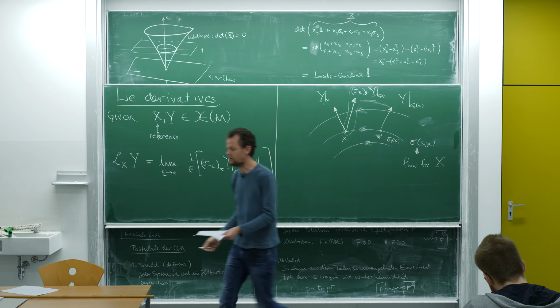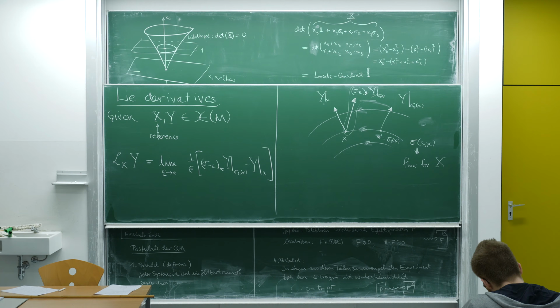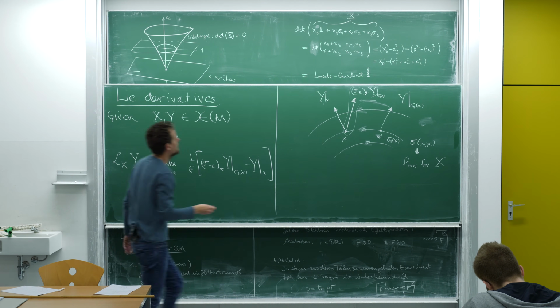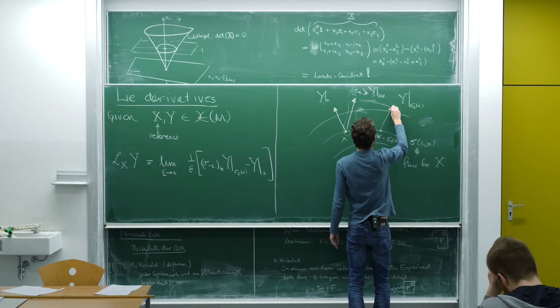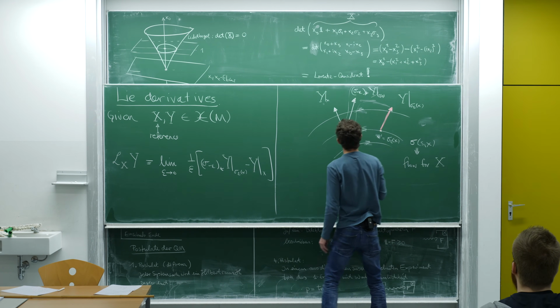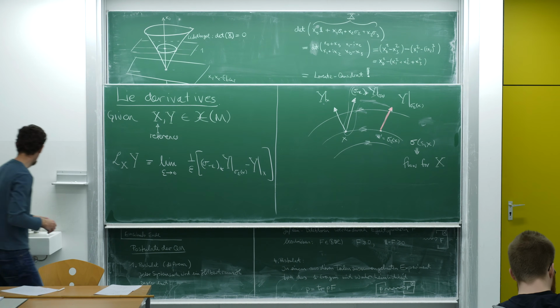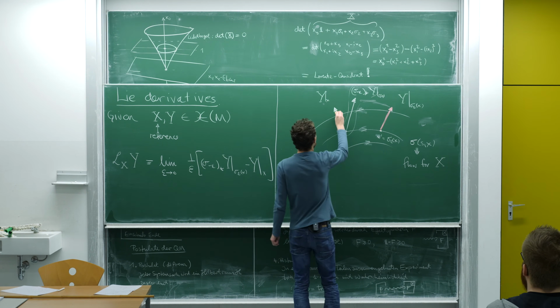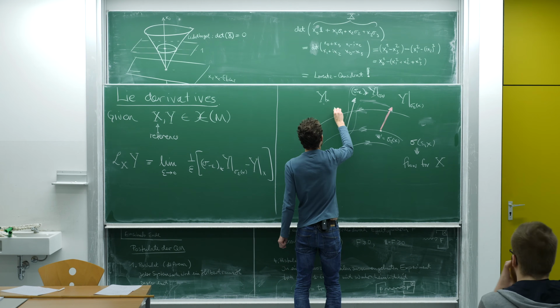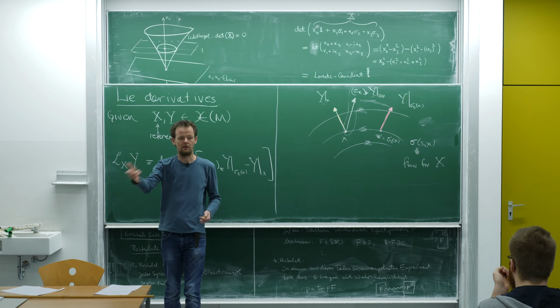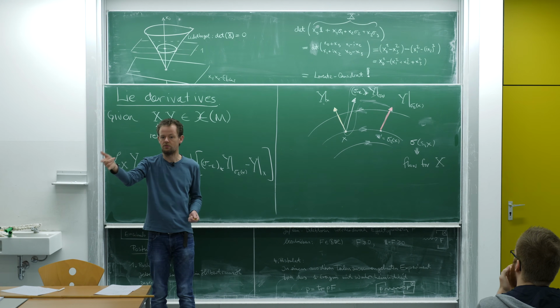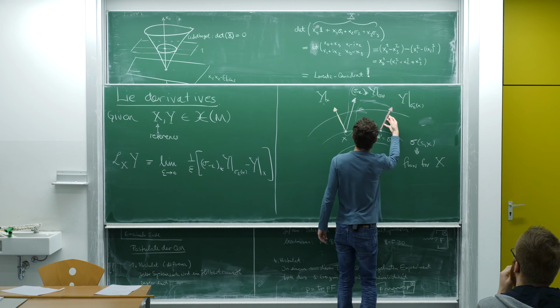Maybe I'll render this in some different colors. The red vector is Y at this other location. And over here the yellow vector is our original Y, and then we not parallel transport, we push forward the red vector here to x.